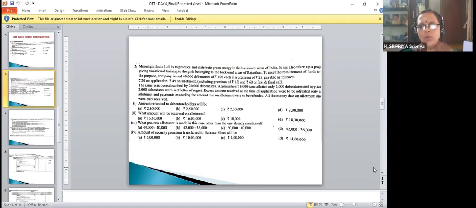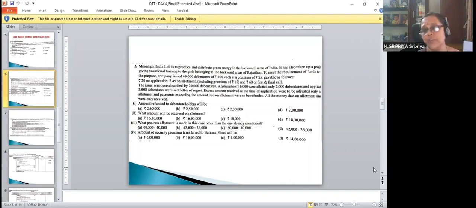Now I have one more doubt also. See, the company is offering 40,000 debentures, but the 2,000 debentures would have been fully allotted. Please keep it in mind. Listen very carefully. Company is offering 40,000 debentures. First 20,000 debentures completely allotted.